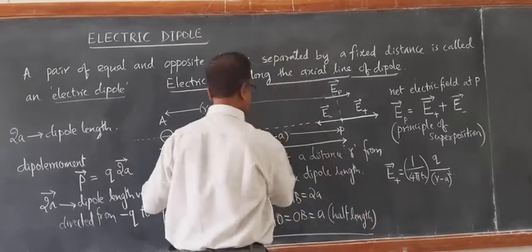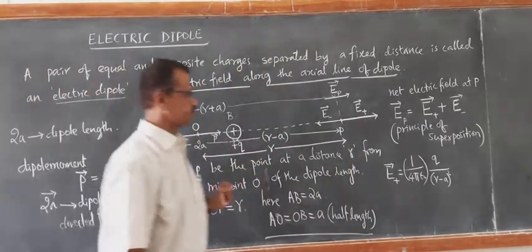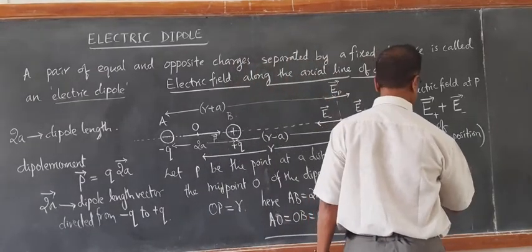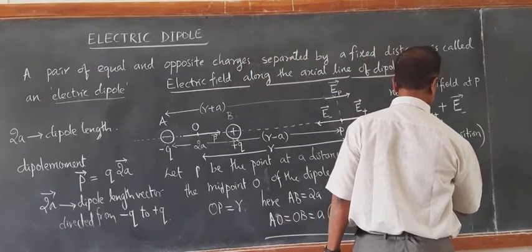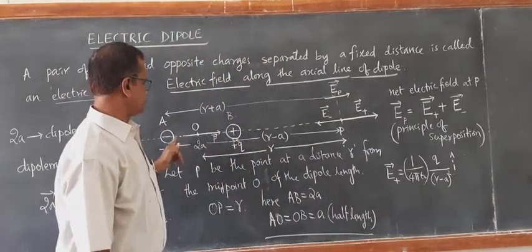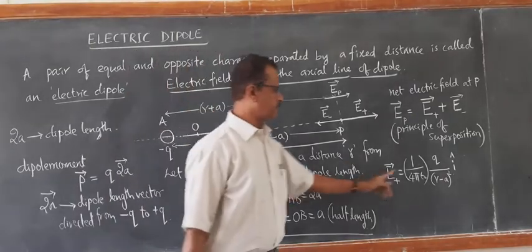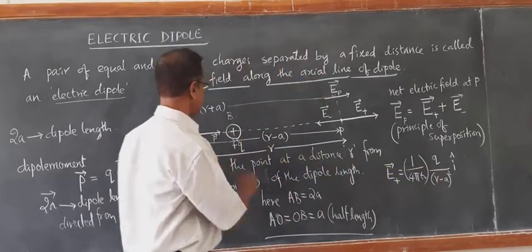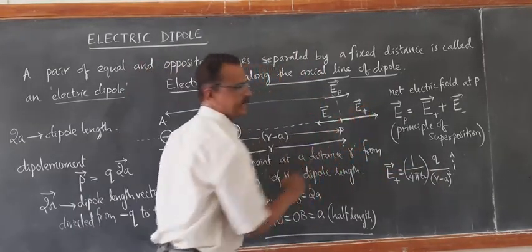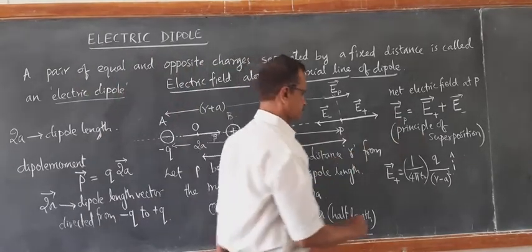If we take this as the x-axis, we can write it as i cap, or in general r cap. So i cap denotes that it is along the positive x-axis. So the electric field is along the positive x-axis.